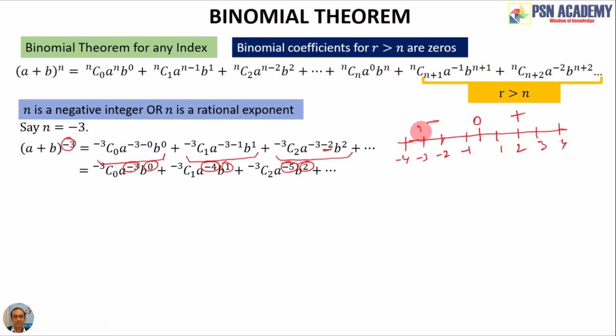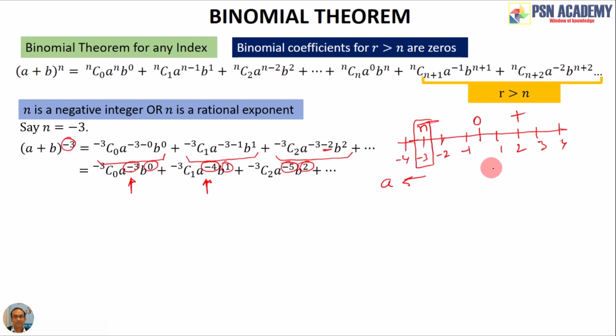So your n is standing over here, and you start a with minus 3, then it should move towards 0. But what is happening here, you see, first term a is minus 3, the second term a is minus 4. That means a is moving this side instead of moving towards 0. Whereas b starts from 0 and then it moves to 1, then it moves to 2.